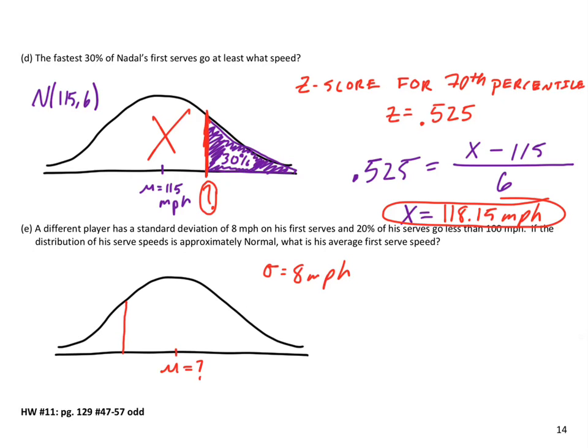So let's say this is 20%. This is 100 miles per hour. So what's the mean?